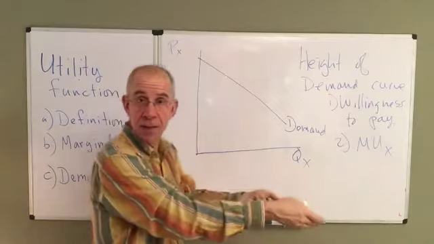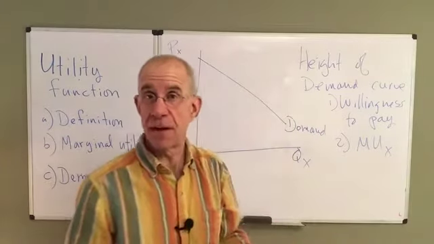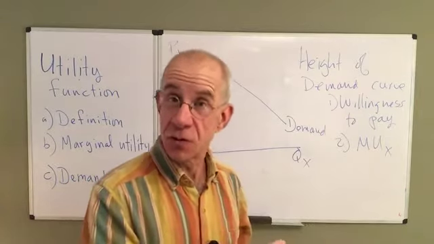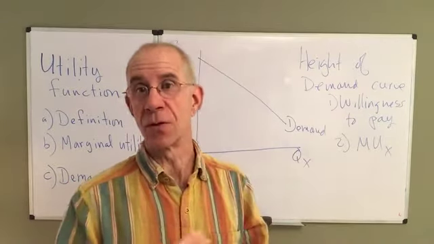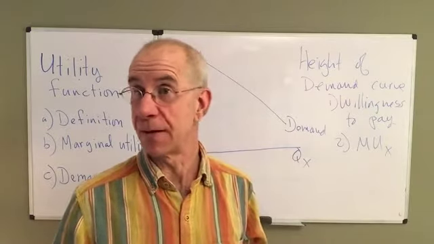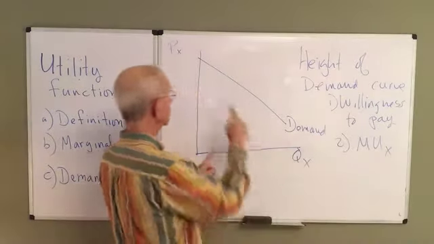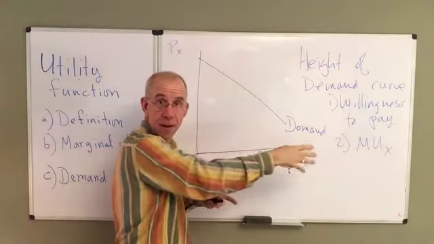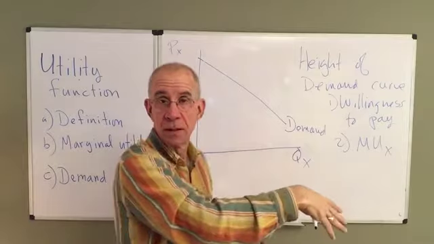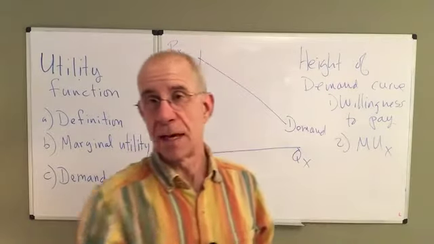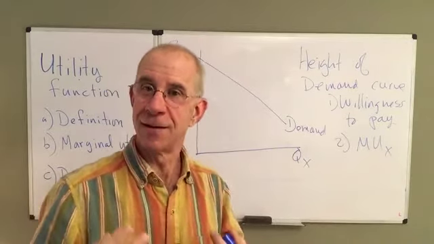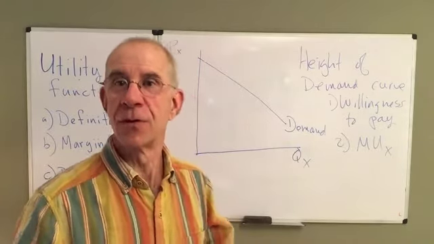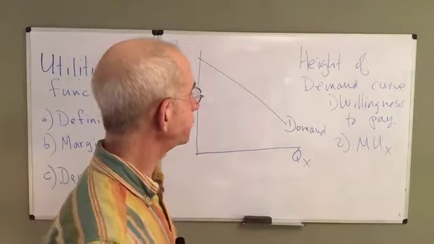The more and more I buy of this good, the less benefit I get. Or you could think about this as different consumers who value the purchase of something differently. So the first consumer values it this much, the second consumer values it that much, and you line everybody up and you get this downward sloping demand curve, which at its heart is really about falling utility from consuming more and more of the good.